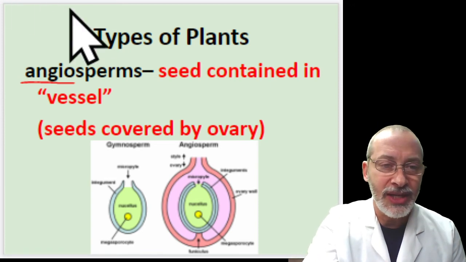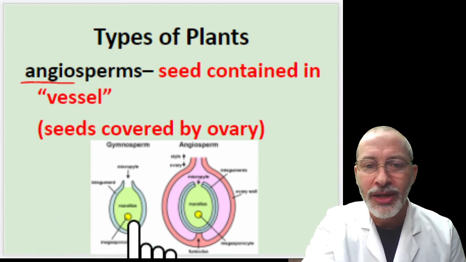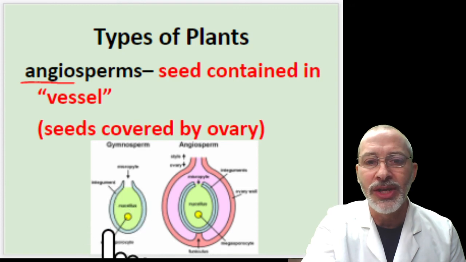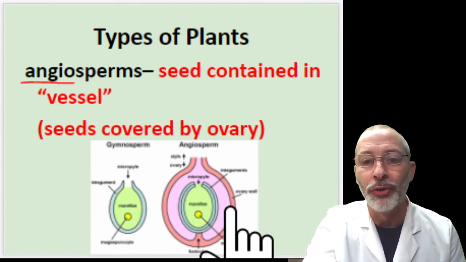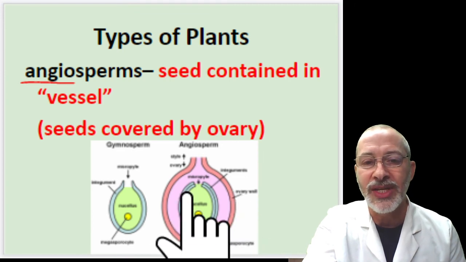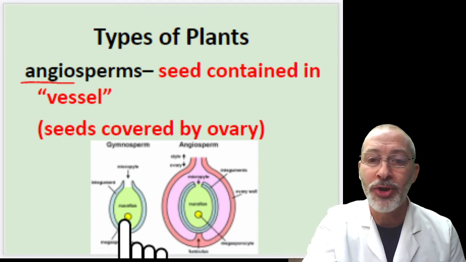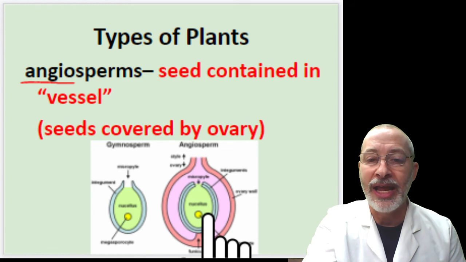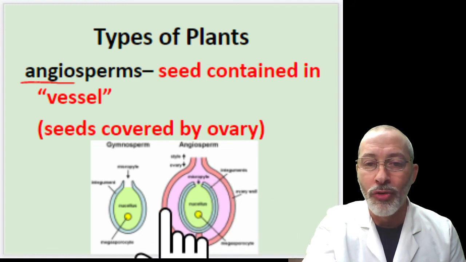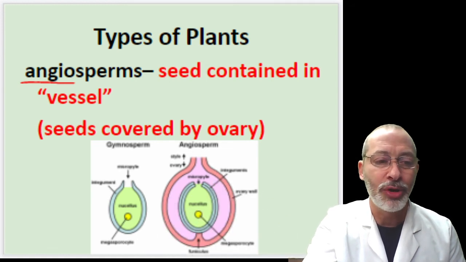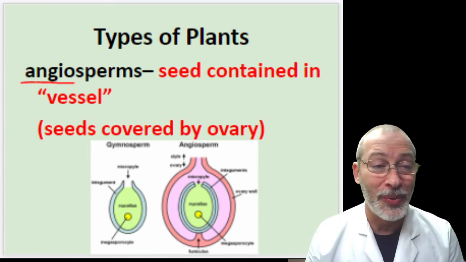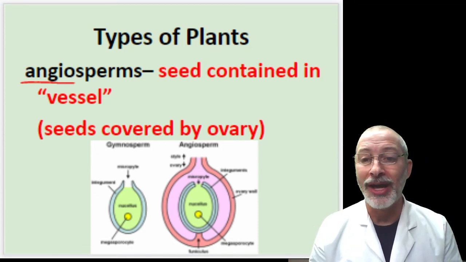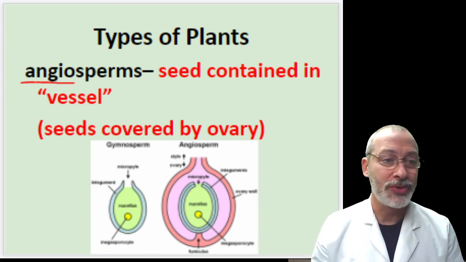And we can see in the image here, here's the seed, and here's the ovary around the seed. In a gymnosperm, no ovary. In an angiosperm, an ovary, an outer covering of protection, which actually develops into something which we'll get to in a little while, which is one reason why I like angiosperms so much.